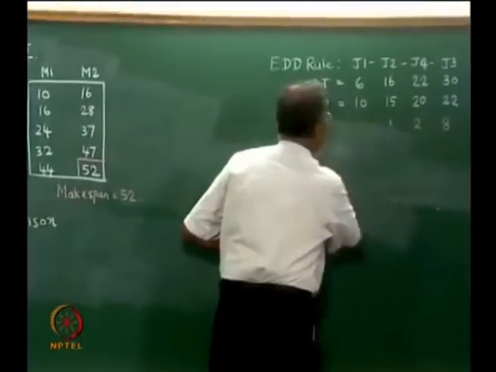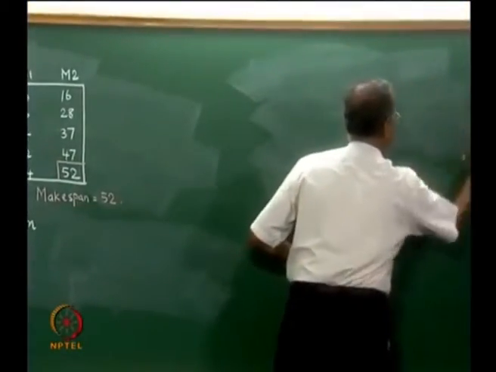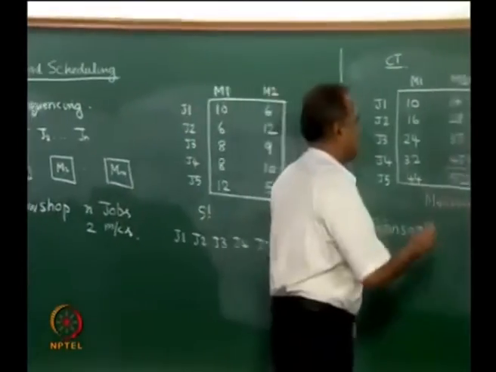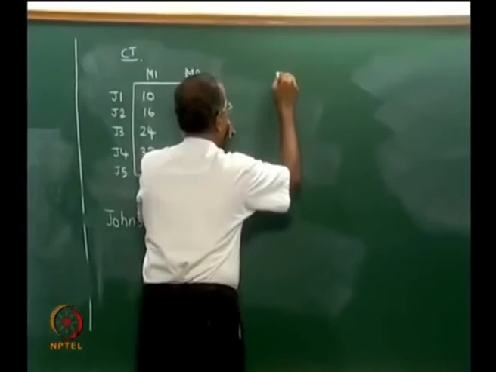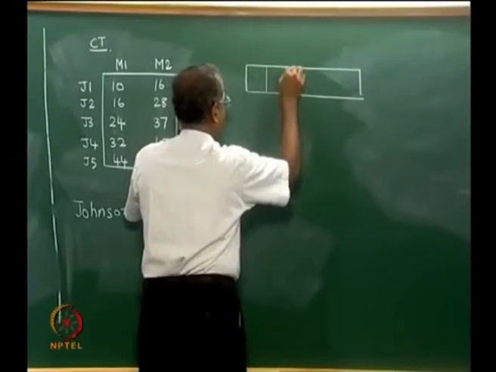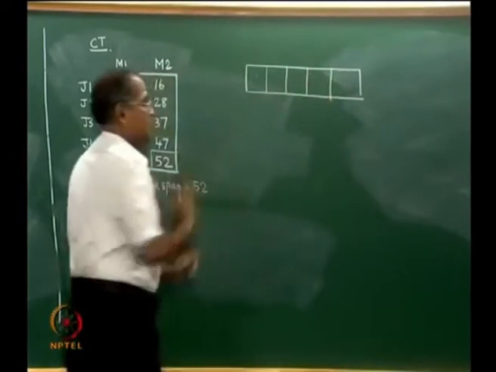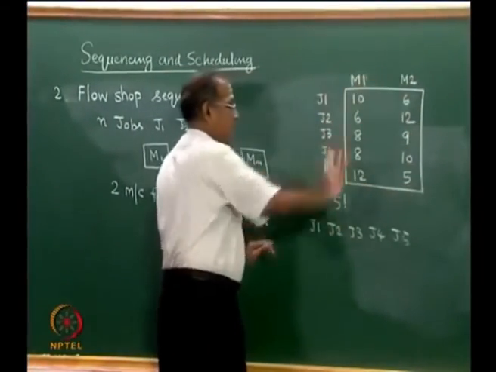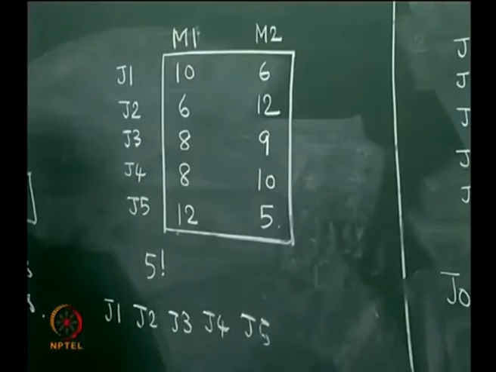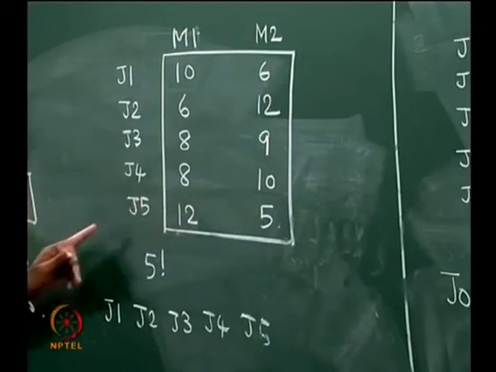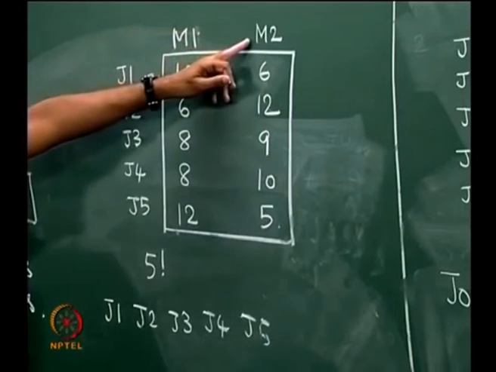So, Johnson's algorithm works like this. A very simple way to do it is, there are 5 jobs, so create a small table with 5 positions. Now, find the smallest number in this table. The smallest number is 5, and it happens to be for job 5 on machine M2.